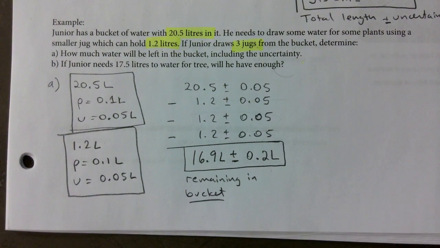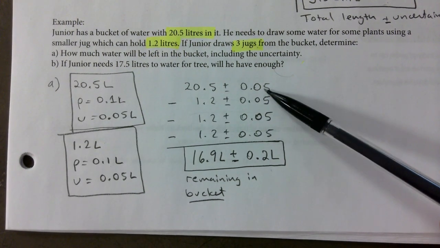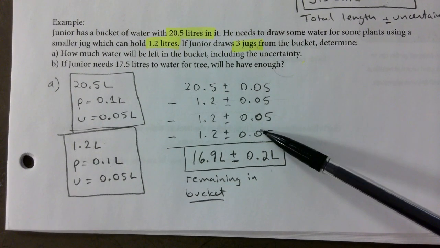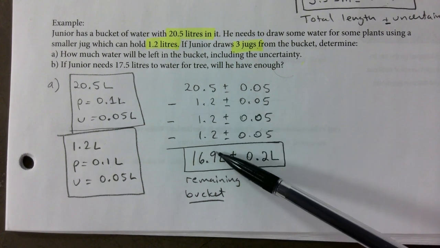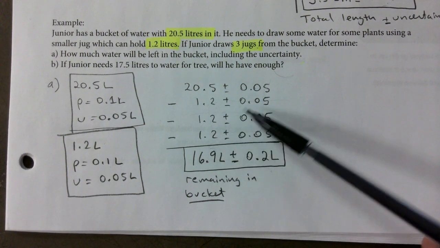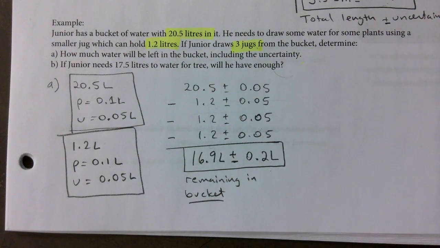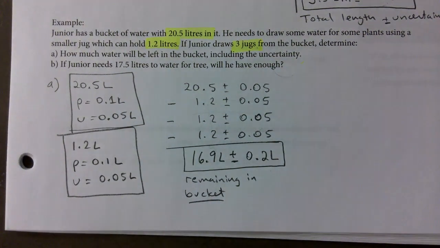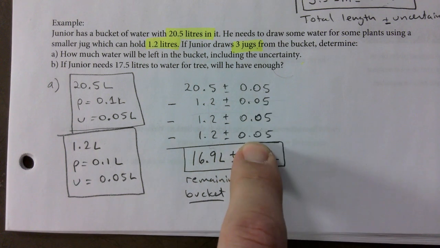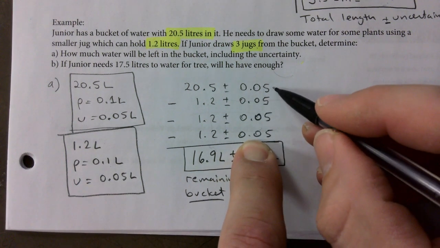Wait a minute. Nobody asked me this question. And maybe you are wondering, why did you add these, Mr. Dirksen, even though we are subtracting? It's because the uncertainties keep on piling up. So every time you draw with the bucket, there's a little bit of uncertainty, uncertainty, uncertainty. So you always add the uncertainties.